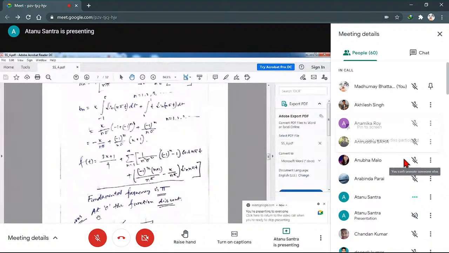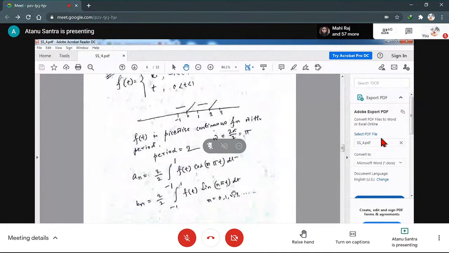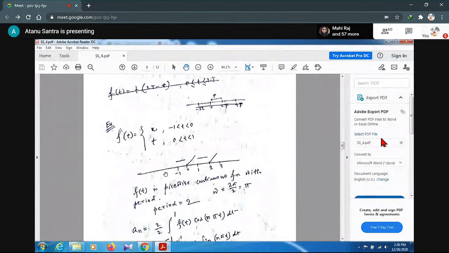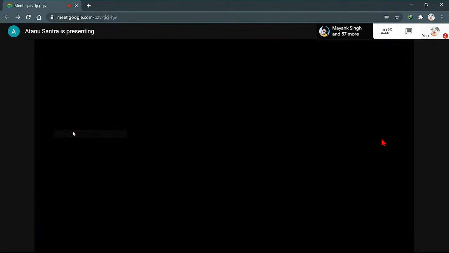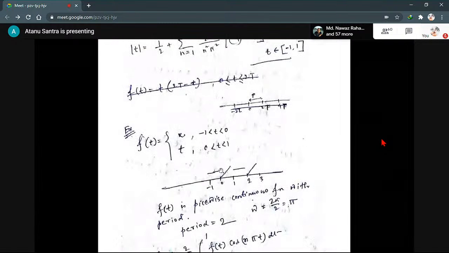Yes, what I have said earlier, at 0 the function is discontinuous, right? So if we look into the pictorial diagram of this function, then you may see there should be a discontinuity at the point t equal to 0. There should be a jump at the point t equal to 0.